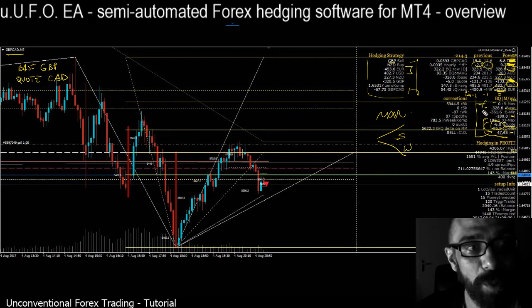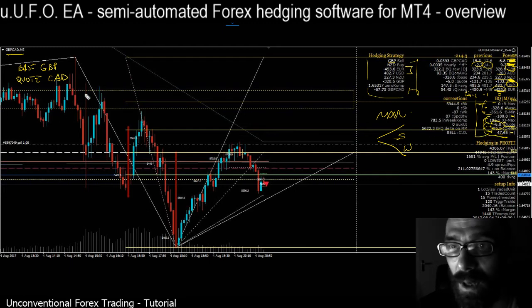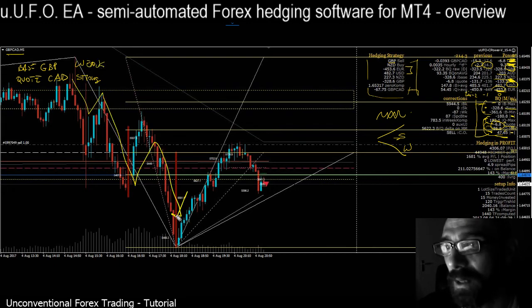This one was always negative, this one was sometimes negative, but revealed more positivity and strength. Therefore, if the CAD is strong and GBP is weak, we can only expect this, right?